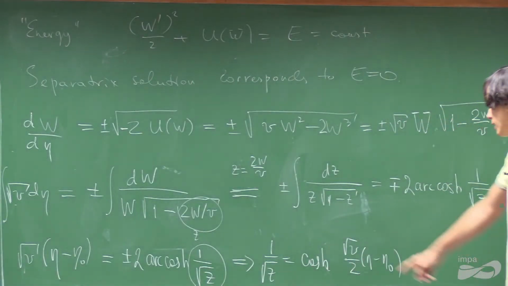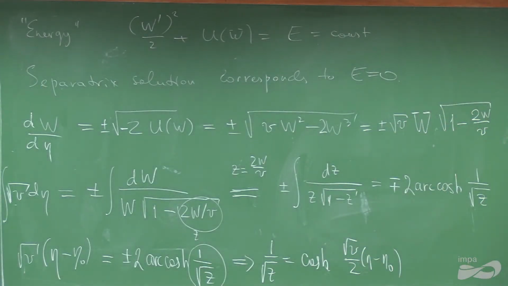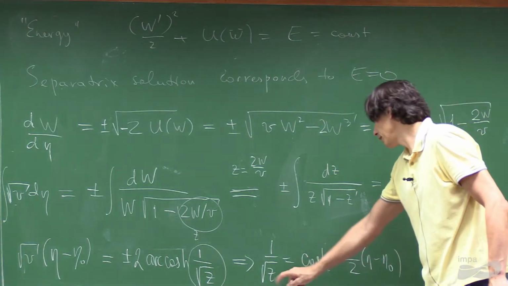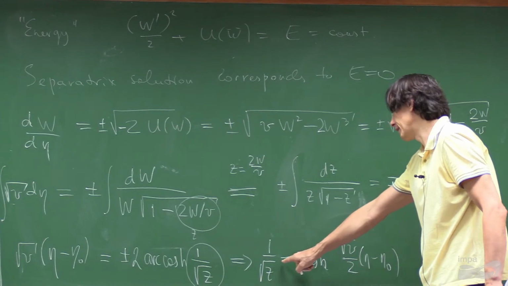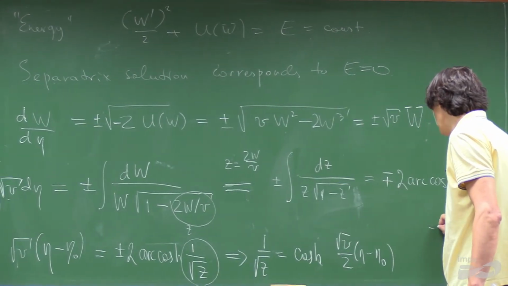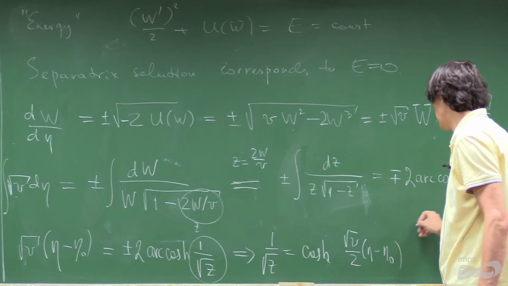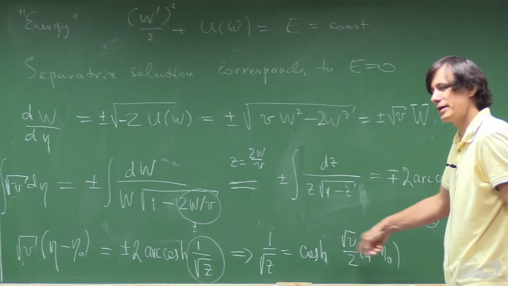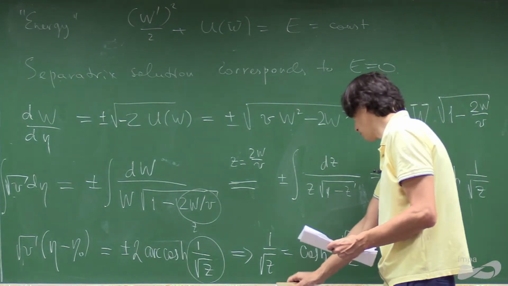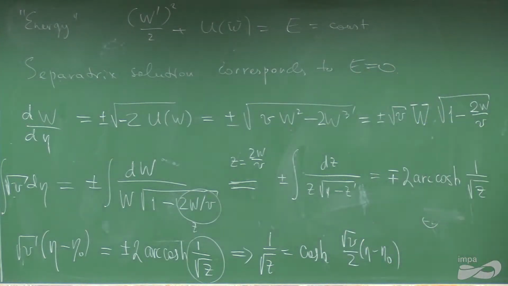I don't need to write plus minus because it's the same thing. And finally, I take minus 2 power of both sides. So then you get the final answer. Almost the final answer.